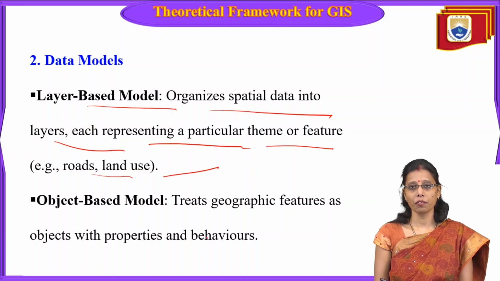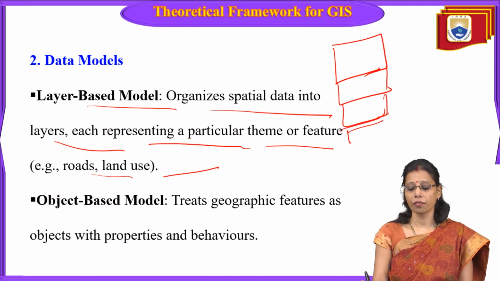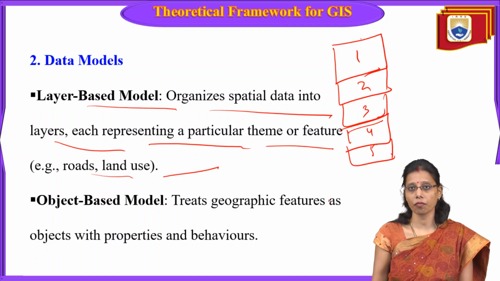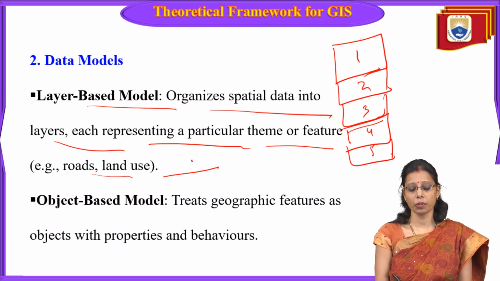In previous sessions, I discussed layer-based overlay operations, where we have one layer, two layers, three layers, four layers, different layers assigned different information, and we overlay the different kinds of layers. So the layer-based model is also about overlaying all the spatial data as layers, each representing a particular theme or features like roads and land.